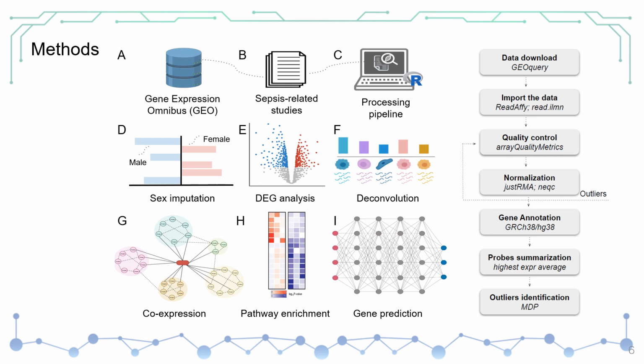We perform the differentially expressed gene analysis to also find the consistently expressed genes in female and male. We do the deconvolution analysis to find the proportion of cell types. We perform the co-expression genes analysis and the pathway enrichment. This is a future step, but we are also interested in gene prediction.